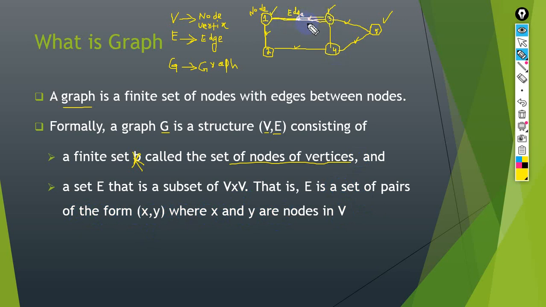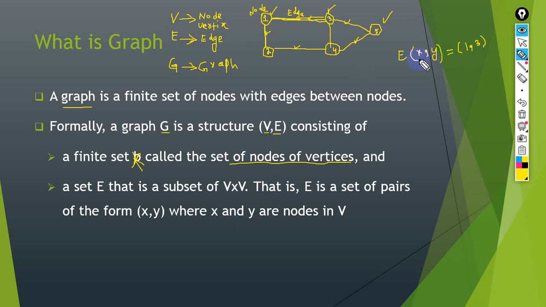Here this edge has vertices x and y. So what is meant by x and y? This edge combines which nodes? 1 and 3. So 1 is x and 3 is y. So here I have mentioned that x and y are nodes.